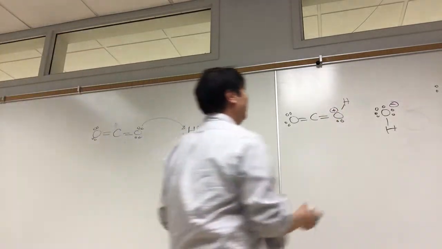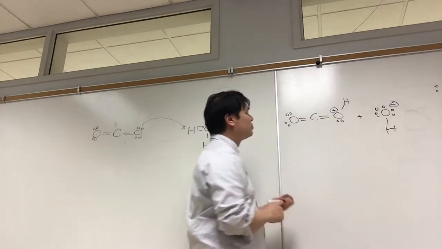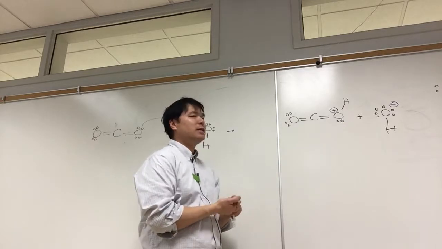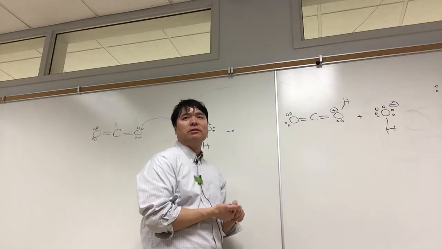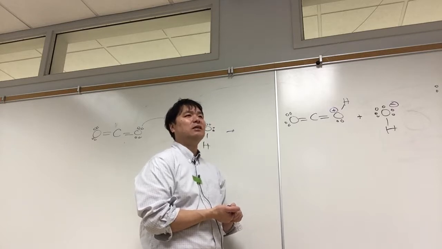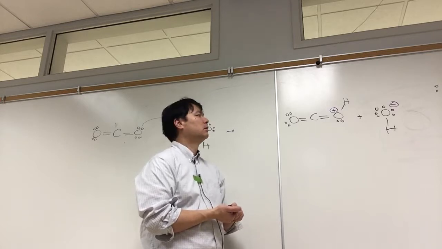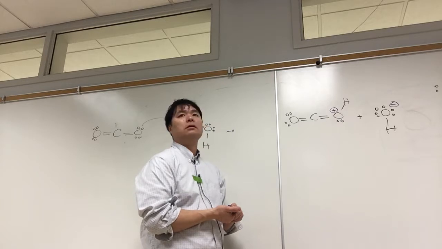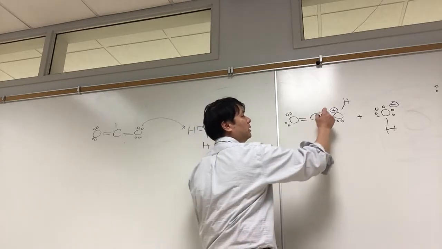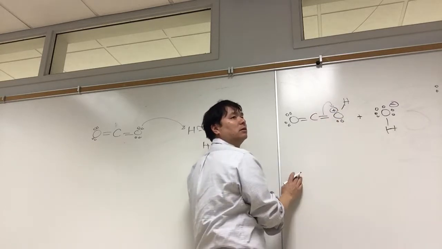Okay, now we have this weird cation here, but looking at this, is there a way we could stabilize that positive charge, get rid of it, or delocalize it some way? How about try rearranging the electrons? In fact, maybe we'll kick these pi electrons out here.